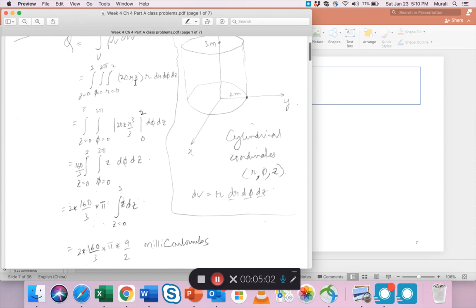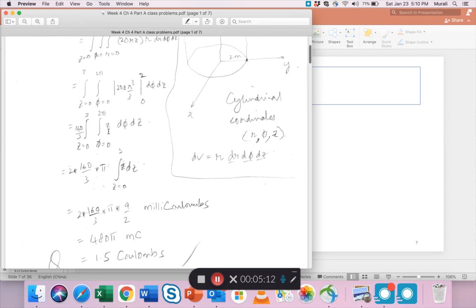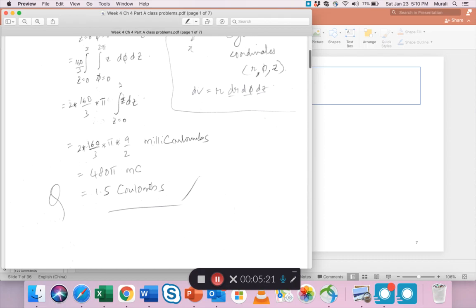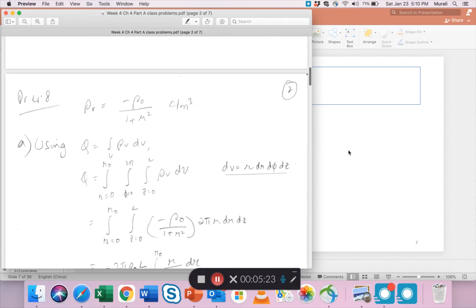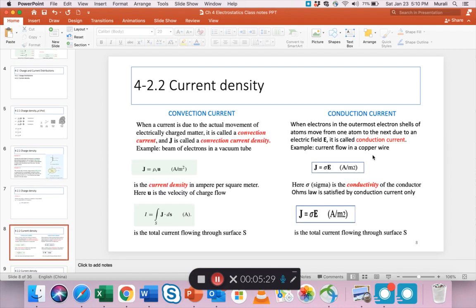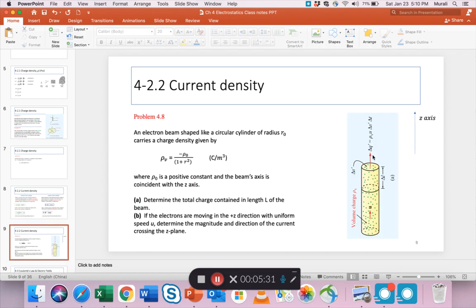Yeah, this is 20rz, right? So a z should appear here, but I'm sure you can, I'll fix it before I post this. Okay, so that z comes about, and then you do a d phi integration, and then you finally do a dz integration. Okay, all right. So that is a simple example or problem for this section. Let's move on and see where else we have problems.